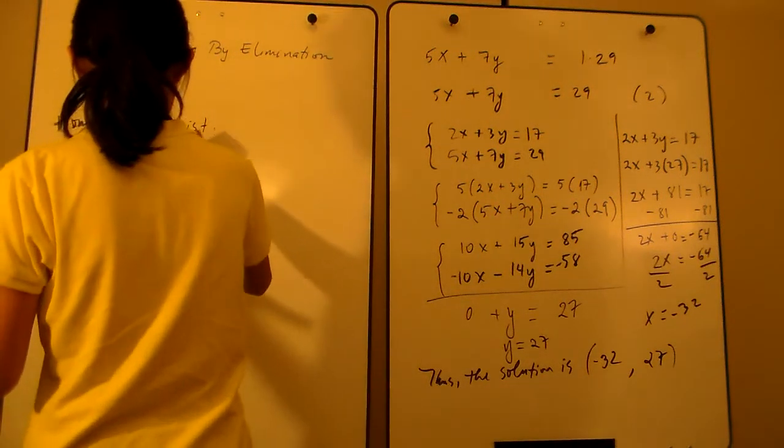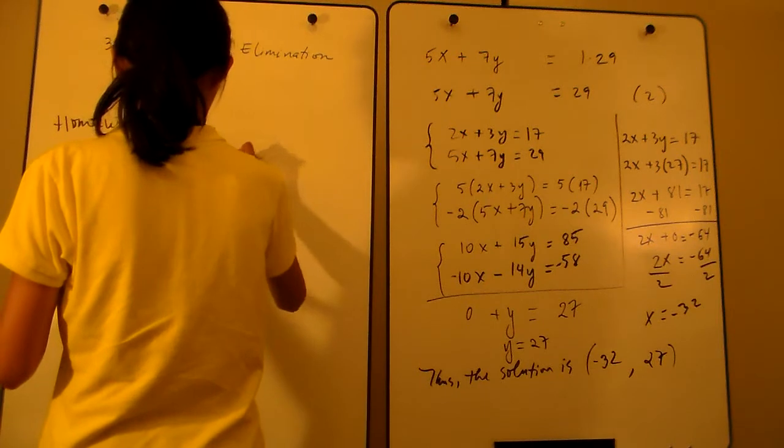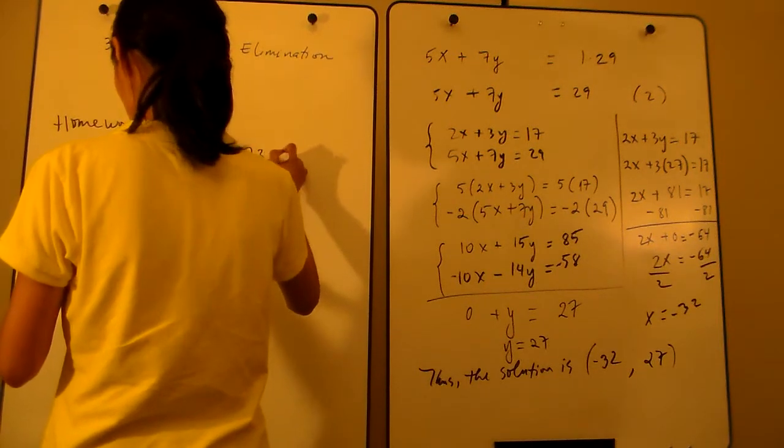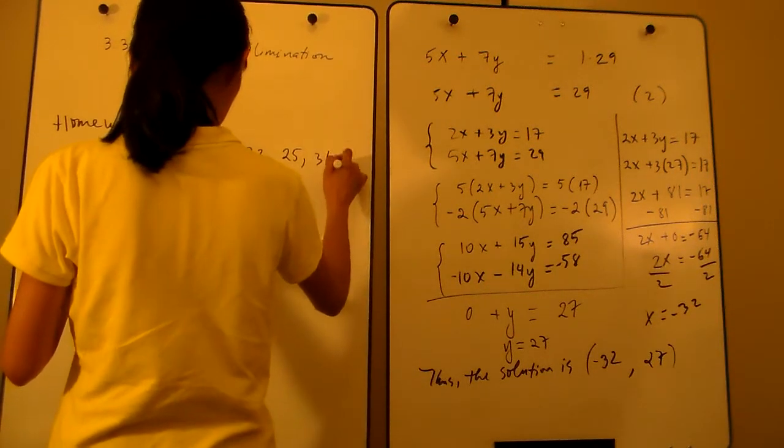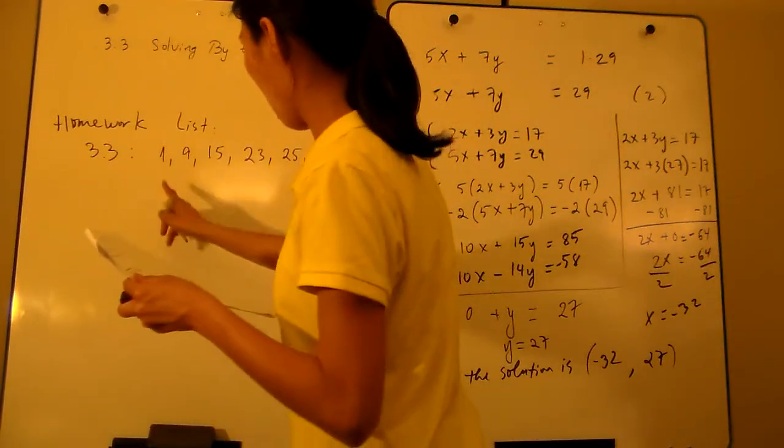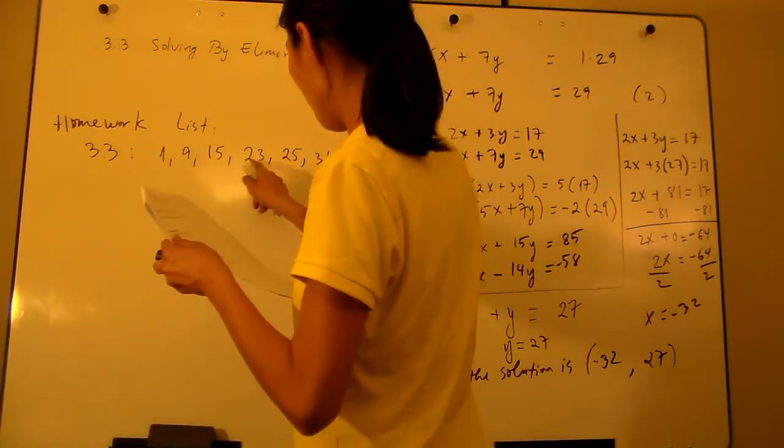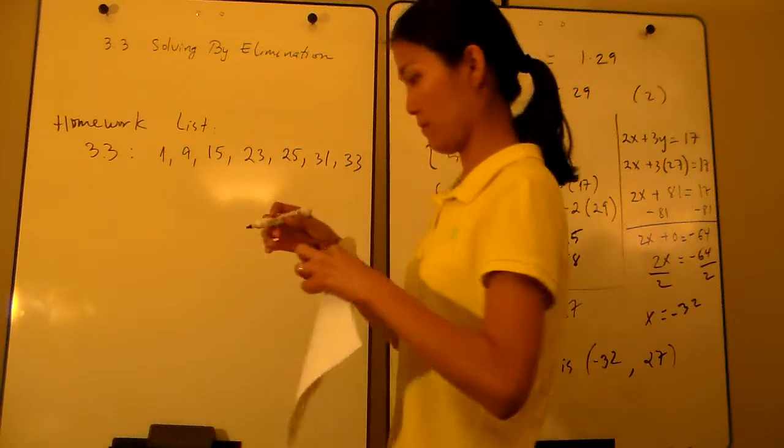You're going to have 1, 9, 15, 23, 25, 31, 33.